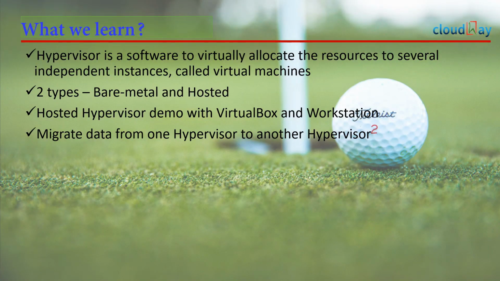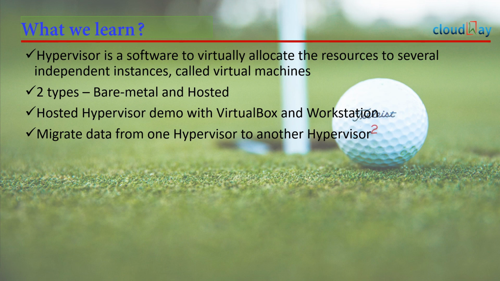That's the end of the episode. We can just revise what we have learned during these two episodes. We have seen that a hypervisor is software which virtually allocates resources from our host machine to several independent machines called virtual machines. There are two types: bare metal and hosted, or type 1 and type 2.